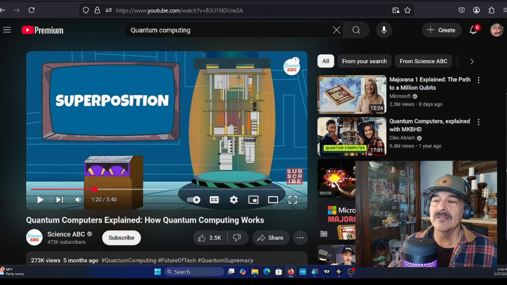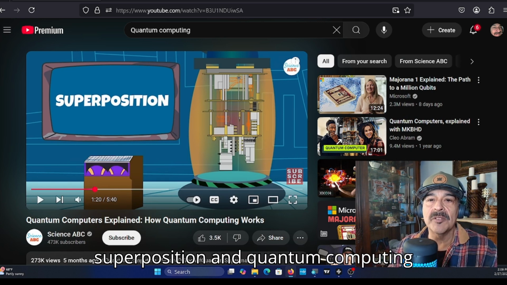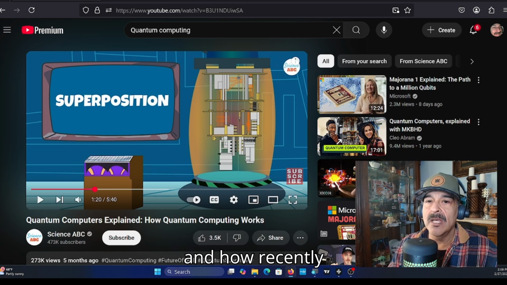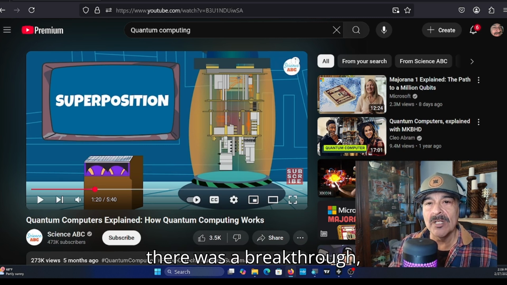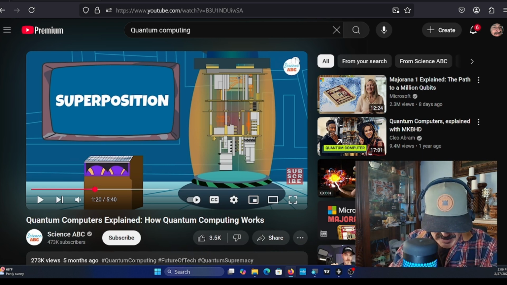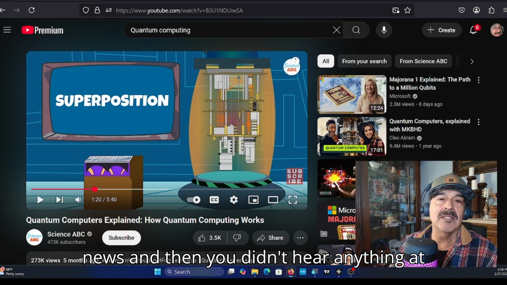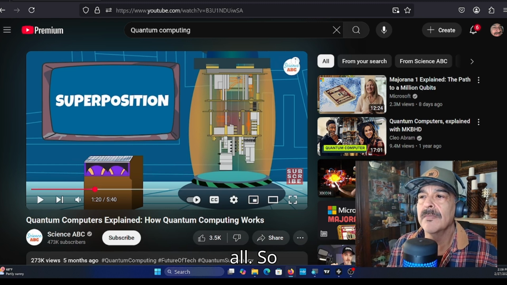Okay, so that's what I wanted to cover: superposition in quantum computing, and how recently there was a huge breakthrough. You heard about it in the news, and then you didn't hear anything at all.